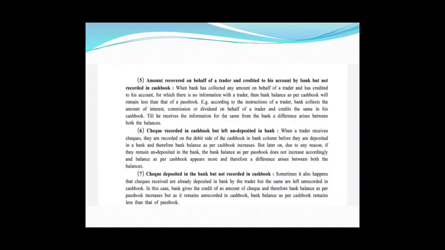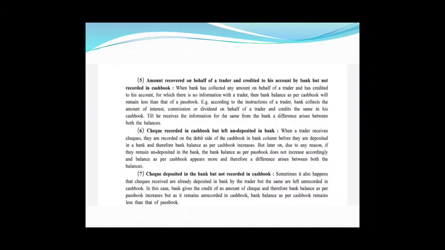So friends, they are saying that sometimes the bank is directly collecting an amount on behalf of its customer, that is, on behalf of the person who has opened the account with the bank, and crediting it to his account, but it is possible that the same is not recorded in the cash book of that customer because he was not given the information or he ignored that information.